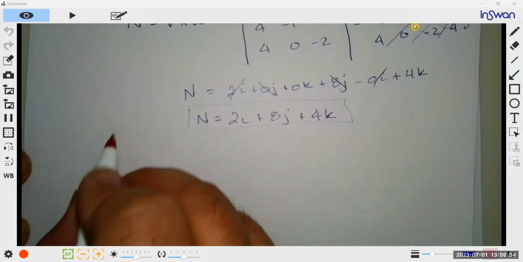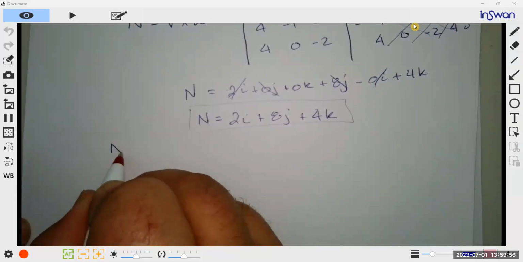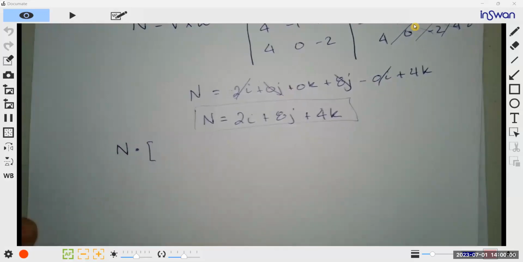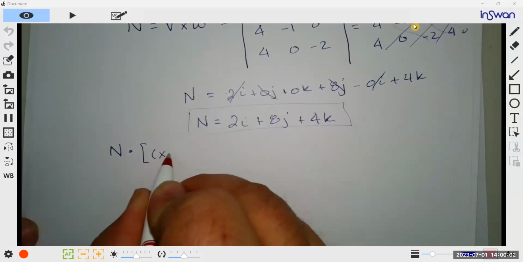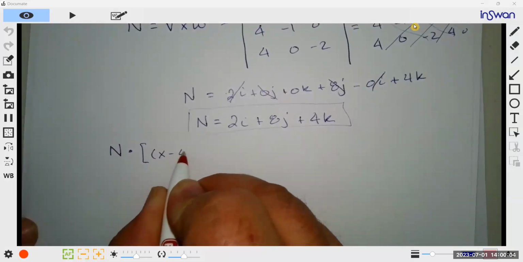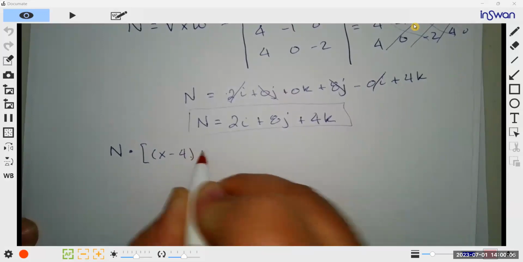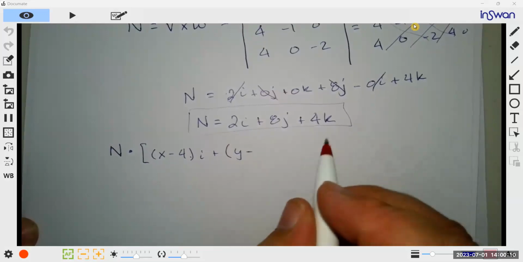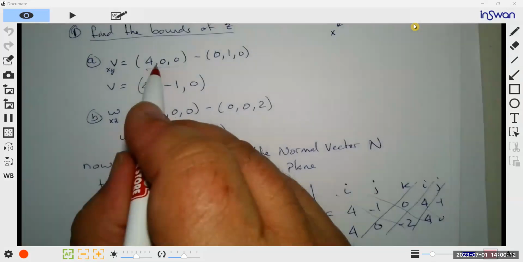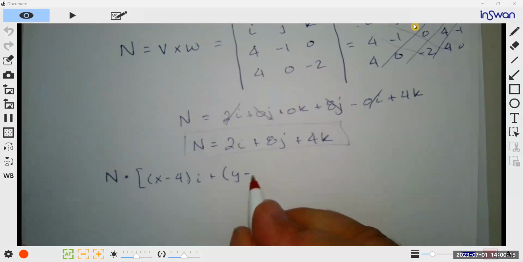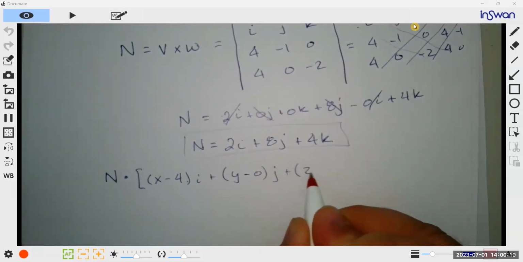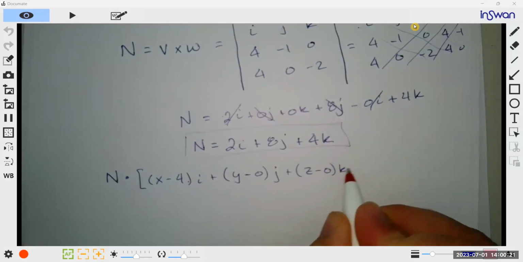So what we're going to do is find the normal vector dot x minus x sub 0, which is 4, y minus, remember the point here is 4, 0, 0. So it's 0, j, z minus 0, k.